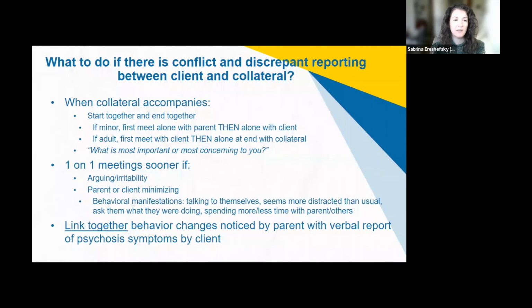So depending on the age of the individual, starting off with the parent, or starting off with the client themselves, and then following up with specific questions, and then bringing them all together at the end with kind of providing what's next so that you can separate some of the arguing, irritability. Maybe the parent or the client is minimizing in front of the other. So you just want to be really aware of those different things.